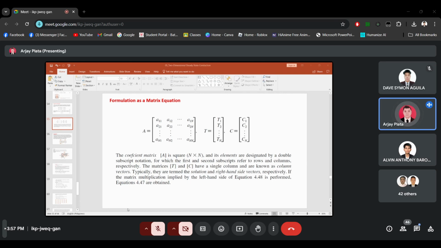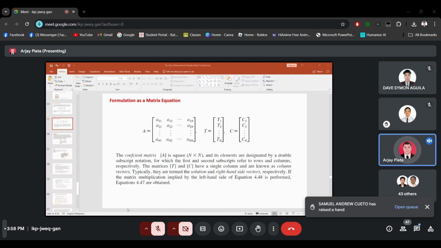Dalawa kasi kaming gumagawa, so si ma'am Donna, itatanong ko kung i-accept niya yung ginawa kong exam or gusto niyang palitan. Pero doon sa ginawa kong exam, I did not provide objective type, all problem solving. So that's our coverage, until tomorrow.